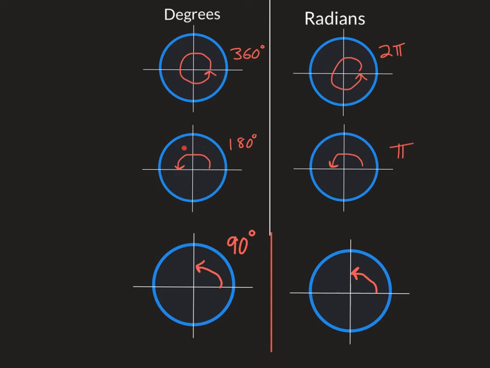So if 180 is halfway, then half of that is 90 degrees for a quarter. If halfway around the circle is pi, then a quarter of the way around is half of that, or half of pi. And half of pi, we could say 1/2 times pi, or just pi over 2.